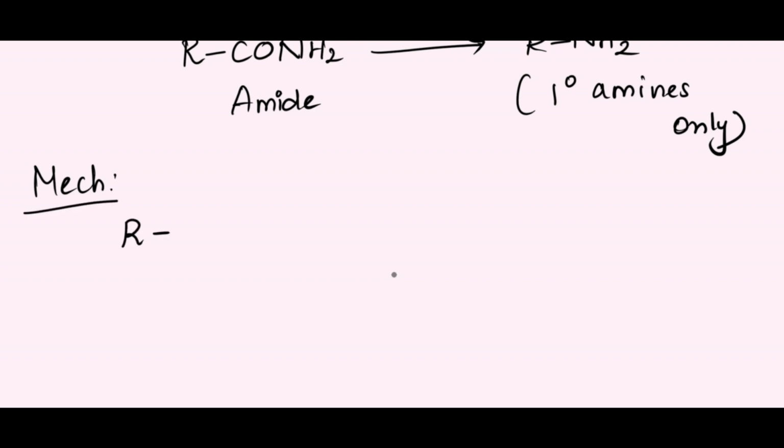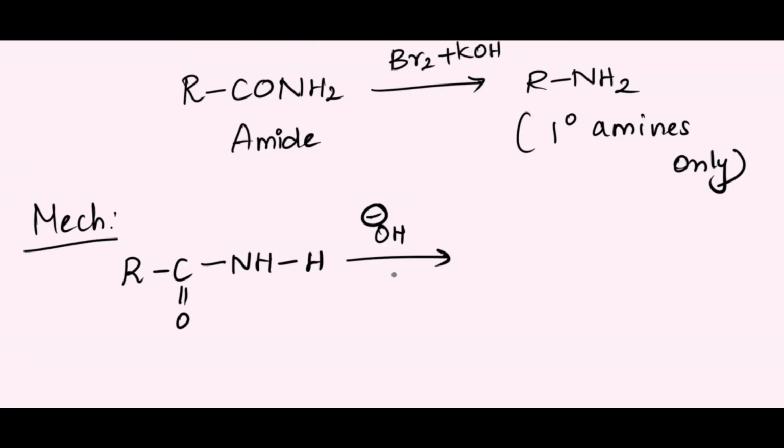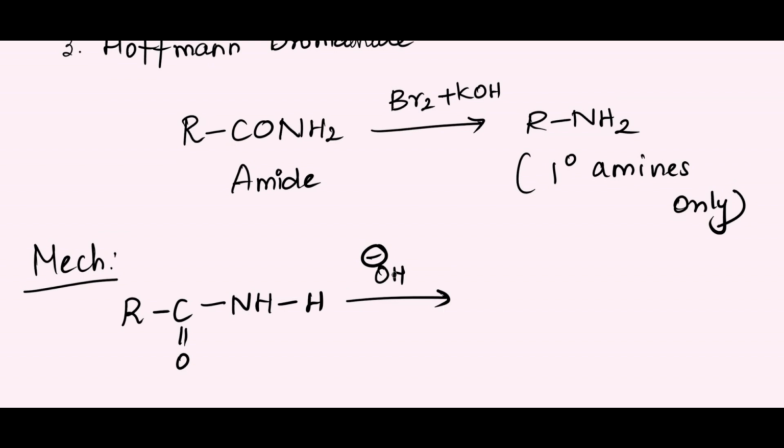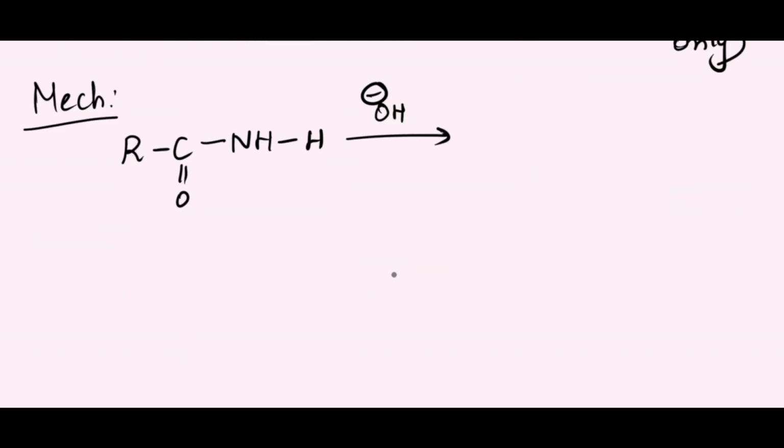First, I'm taking the amide, so NH, I'm writing it like this, so that the incoming OH group. I always told you, if that is a base catalyzed reaction, then proton abstraction will be the first step.